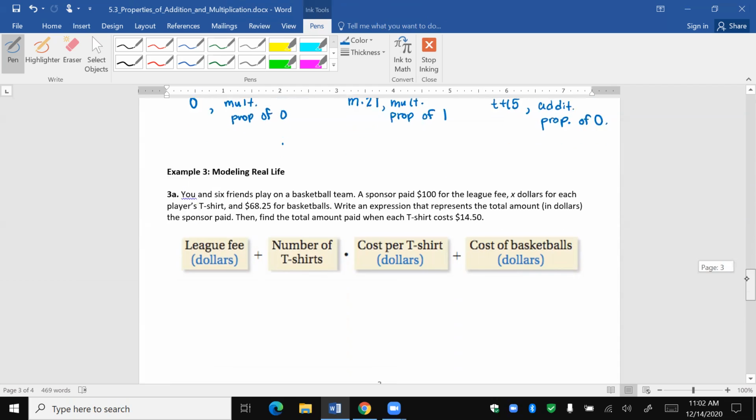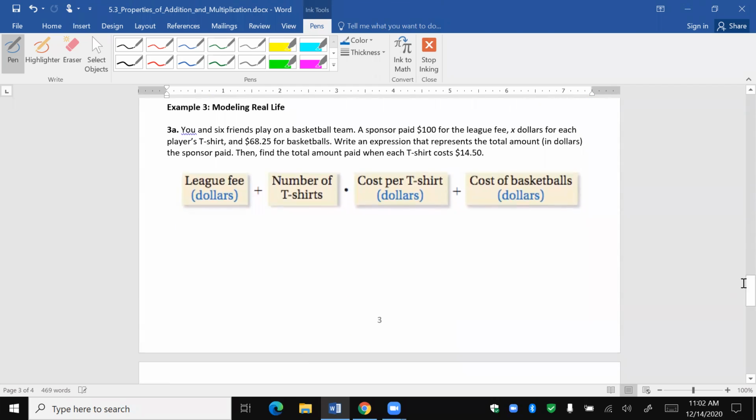Okay, on our next one here, our real life problem, it says you and 6 friends play on a basketball team. A sponsor paid $100 for the league fee, X dollars for each player's t-shirt, and 68.25 for basketballs. Write an expression that represents the total amount in dollars the sponsor paid. Then find the total amount paid when each t-shirt costs $14.50.